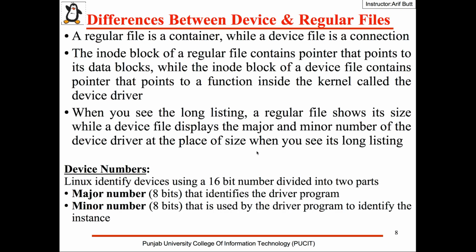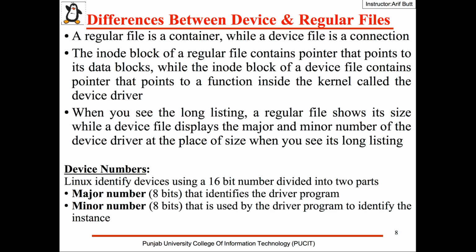Let's move ahead and see the differences between the device and the regular files as well. Well, dear students, a regular file is a container while a device file is a connection. The inode block of a regular file contains pointers that point to its data blocks, while the inode block of a device file contains a pointer that points to a function inside the kernel called the device driver.